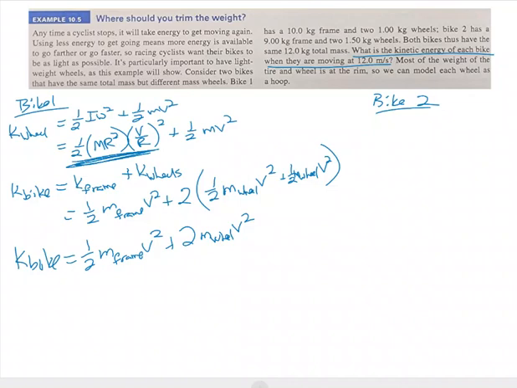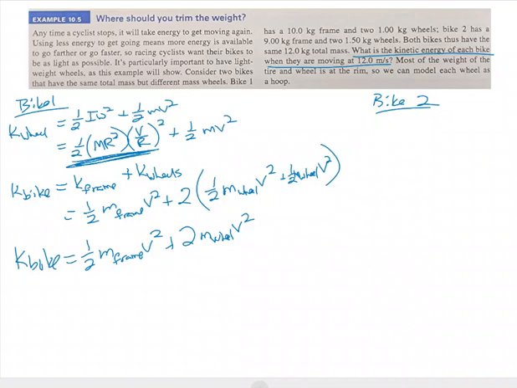So we know the mass of the frame and the mass of the wheel in both cases, and we know the velocity. We know everything we need to know. This formula applies to both bike 1 and bike 2, just with different numbers. So at this point, we can plug in these numbers to find the kinetic energy of the total bike for both.